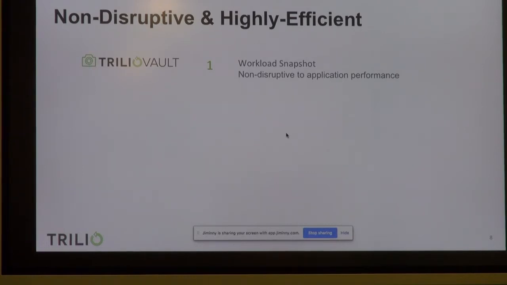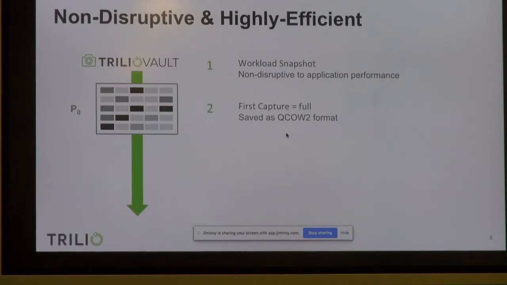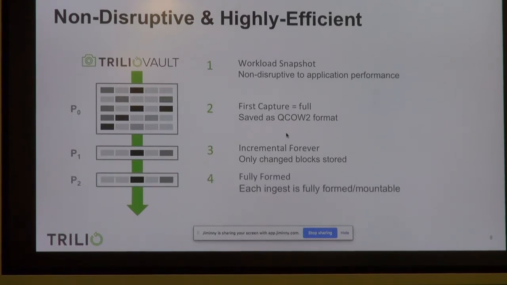And because we leverage snapshot technology, we're non-invasive, right? After that, we store it into a QCOW2 format and only store the changed blocks going forward. So as a result, as you can see, they're fully formed and mountable. So guys, as you can see, pretty straightforward and simple. It's a lightweight solution, okay?